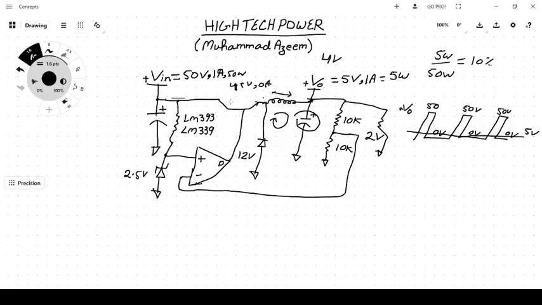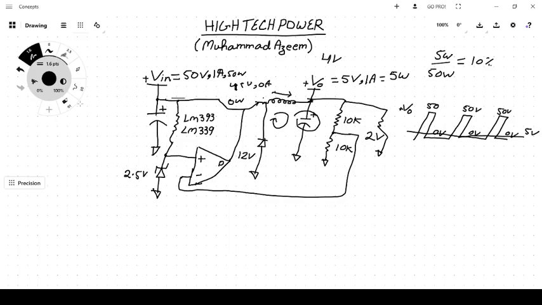So the power dissipating in the series pass element is 45 volt into ideally 0. In ideal condition, the voltage drop across the series pass element is 45 volt and the current is 0 ampere, so the power consumed in the series pass element is 0 watt, right? So it means no dissipation in the transistor when it is off.